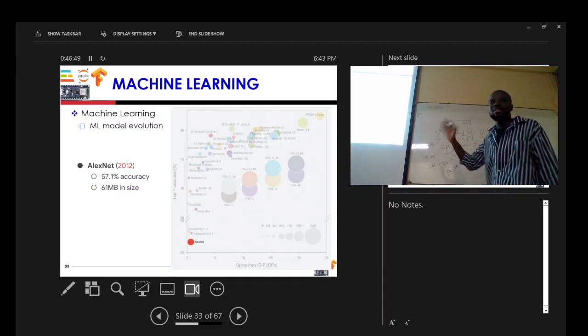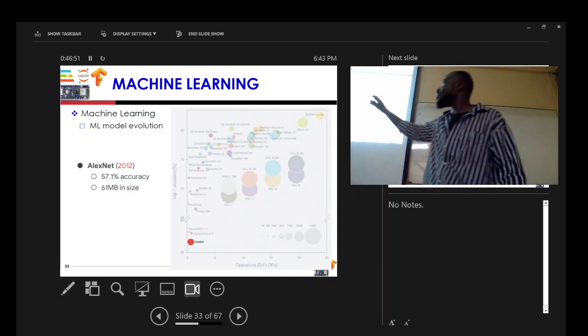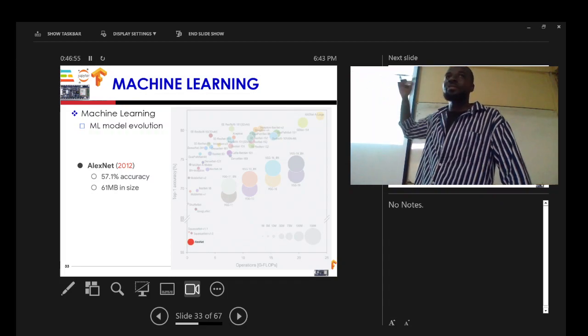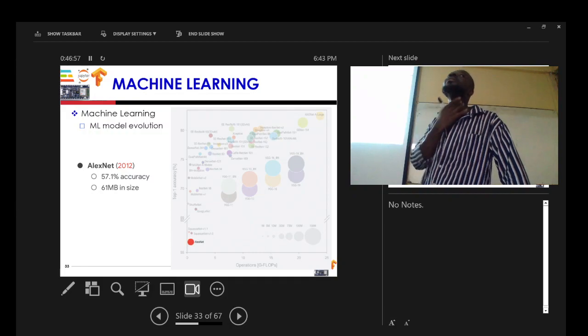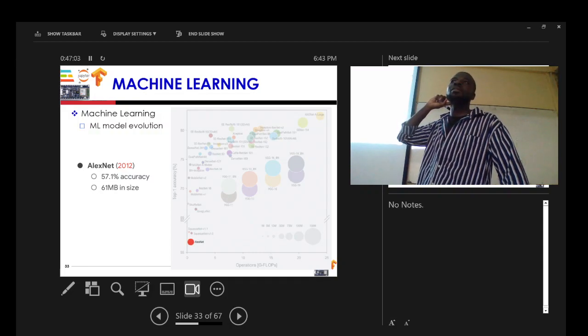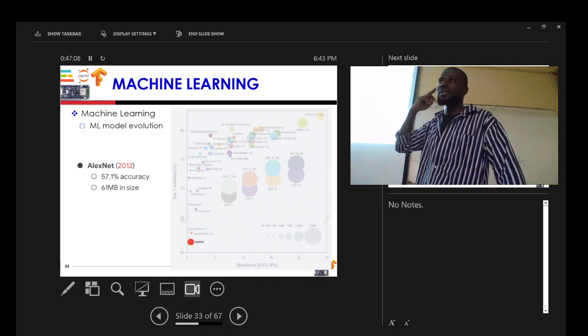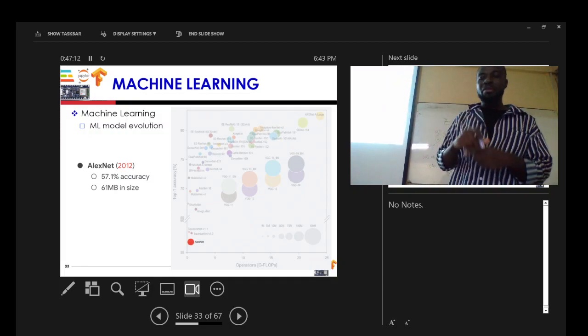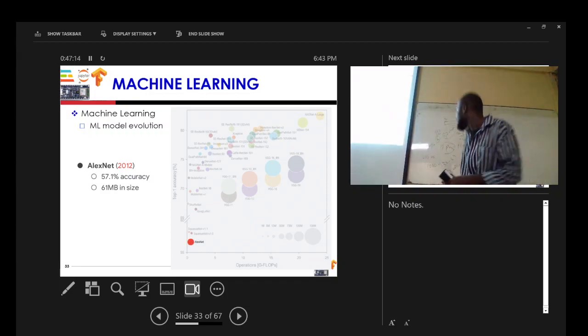One of the first machine learning algorithms was called AlexNet. It was developed in 2012, right? What they did was that there was a competition, designed by some school like that, and they grouped images into categories.